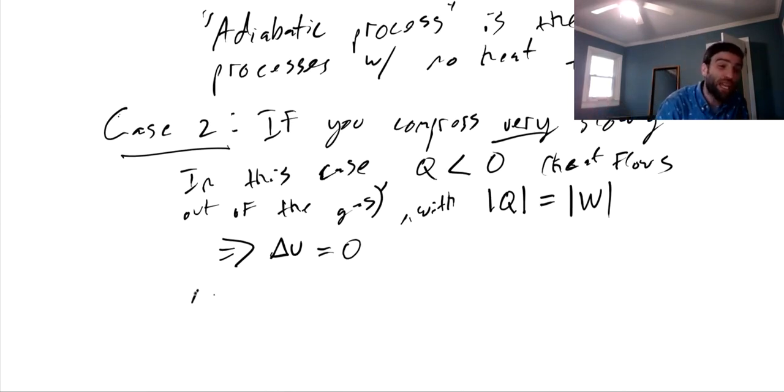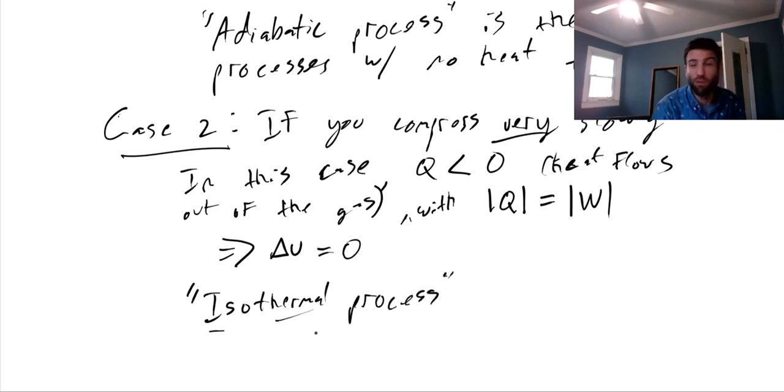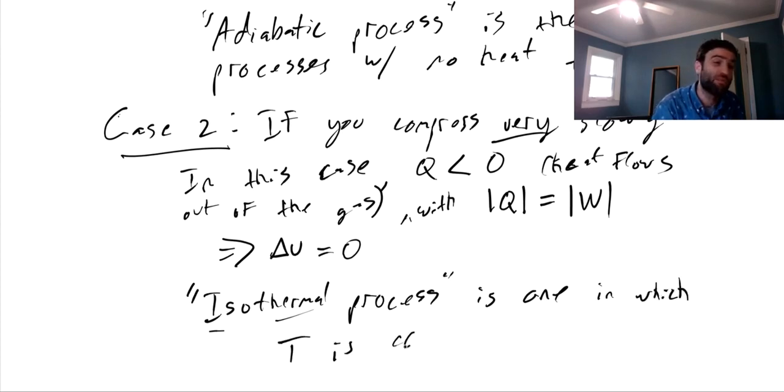The name for these kinds of processes is isothermal processes. Isothermal: iso meaning the same and thermal meaning thermal, are processes in which the temperature is constant, T is constant.